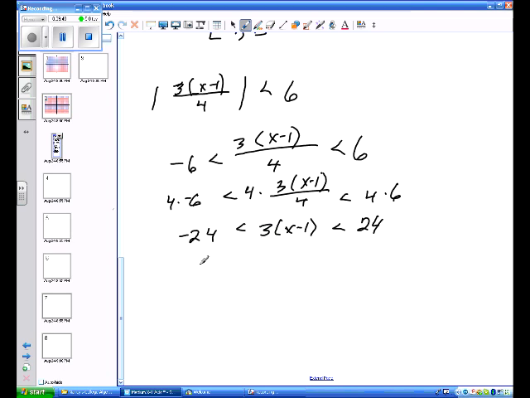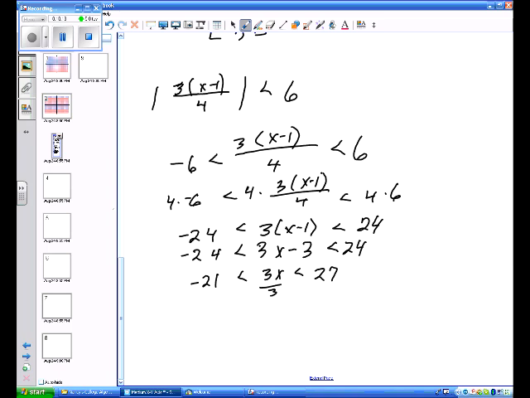If we went through and divided everything by 3, we'd have negative 8 less than x minus 1 is less than 8. Or if you're not comfortable doing that, then distribute it. Let's just go ahead and distribute it because that's what you're used to doing. So 3x minus 3 is less than 24. So we will add 3 to all sides. Negative 24 plus 3 is negative 21. And 24 plus 3 would be 27.